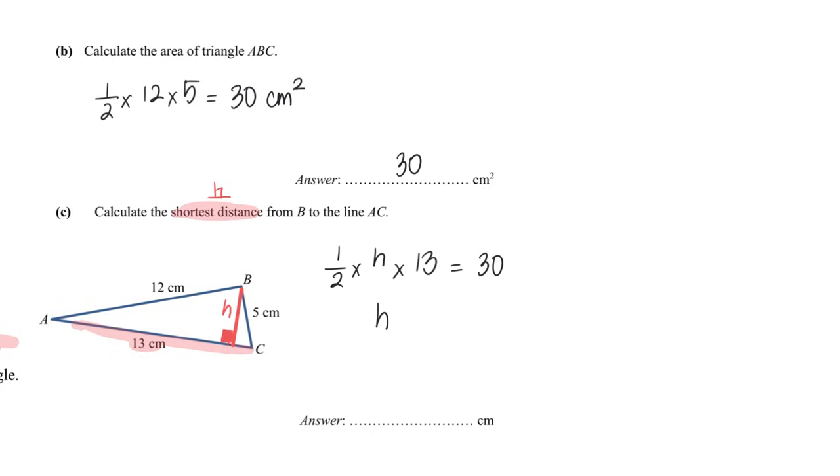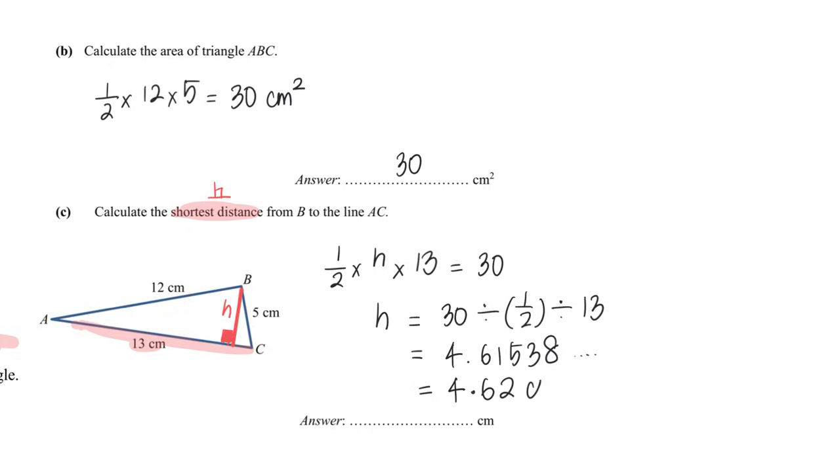So I will then be able to get my height, which is the shortest distance from B to line AC, by dividing 30 by half on both sides and dividing by 13 on both sides. This will give me a value of 4.61538, followed by the final answer in 3 significant figures, 4.62.